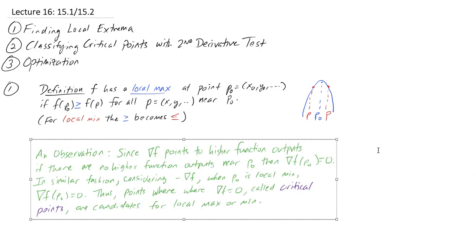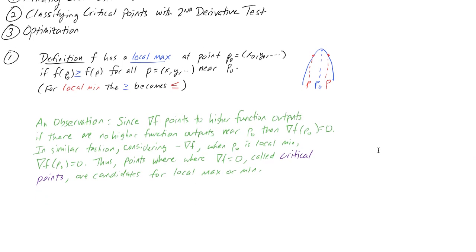Okay, so an observation about local maxes and local mins, relating that definition to the gradient. If we're at a local max or a local min, the gradient is going to be 0. The reason it's 0 is because the gradient always points to a higher function output, and there's no higher function output, so it's not going to point anywhere, and the only way to not point anywhere is to be 0.